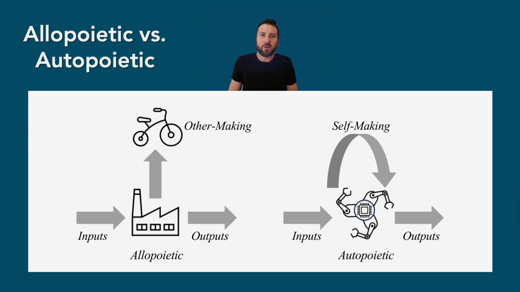So an example of an allopoietic system is a factory that creates a bicycle. There are inputs, which would usually be low entropy, highly ordered inputs. They extract the energy, and there are low energy, high entropy outputs. But that's used to create something other than the system producing the order.